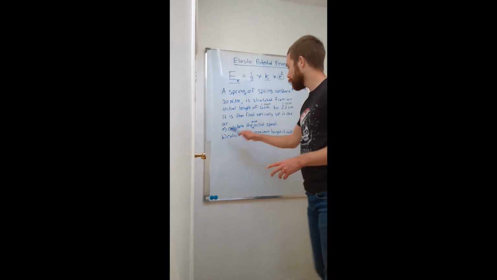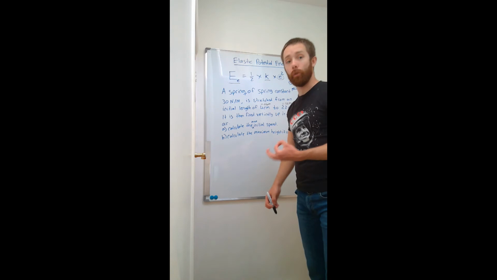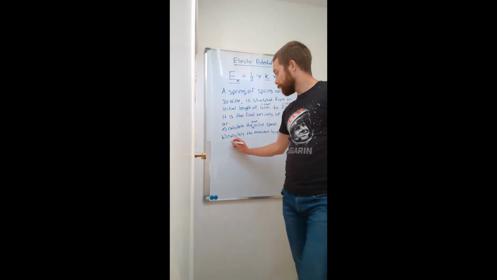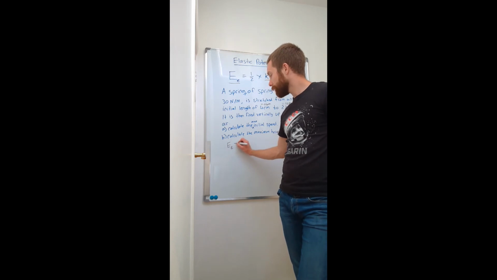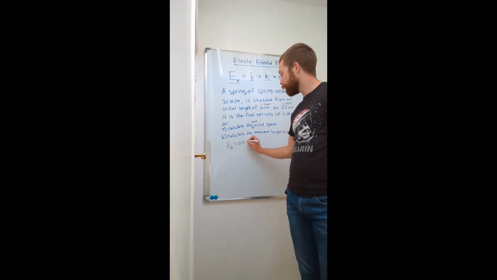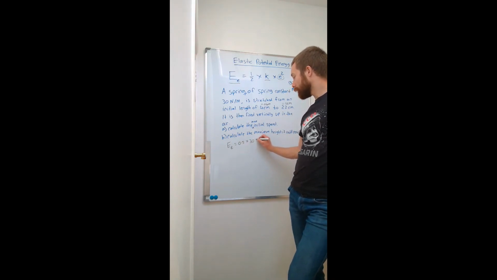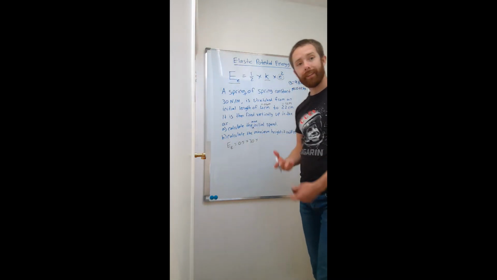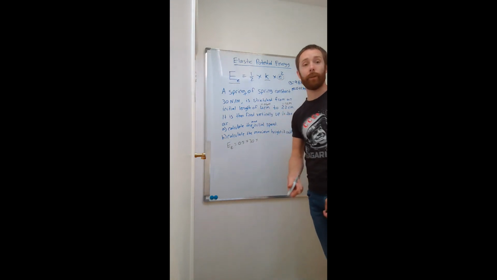Now, let's do some of these calculations. First of all, we need to work out the amount of energy stored in the spring. So first of all, I'm going to say the elastic potential energy is 0.5 times by the spring constant, 30, times by the extension squared. Now my extension is actually 18 centimeters, okay?